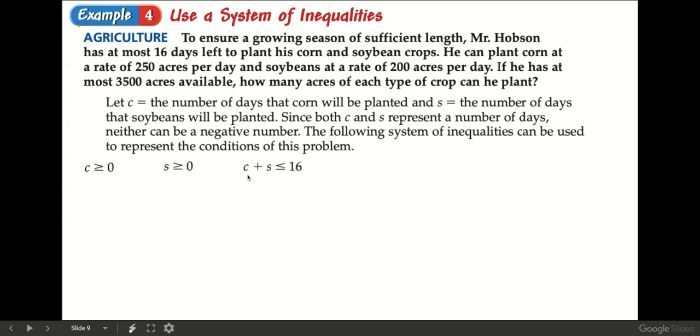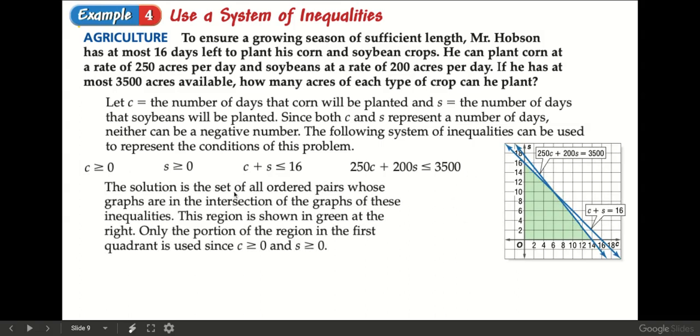And if I take the number of days of corn plus the number of days of soybean, that has to be less than or equal to 16 because he only has 16 days left to plant. And then 250C plus 200S has to be less than or equal to 3,500 because he has 250 acres per day that he can do for corn and 200 acres per day that can be done for soy. And he has a total of 3,500 acres available.